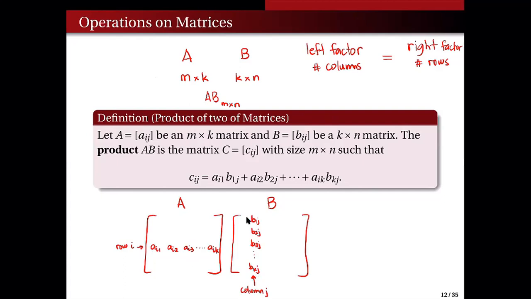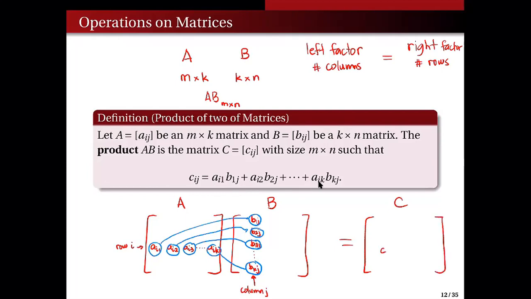Then you multiply correspondingly. This guy here is being multiplied to this guy. This guy here is being multiplied to this guy, and this guy here, etc. That's this until this. And once you do the multiplication, you add all of them. And this will become your matrix C. And that's just your Cij.